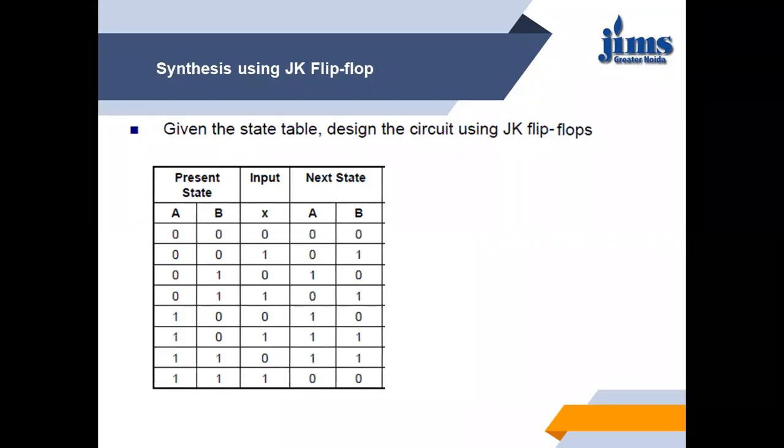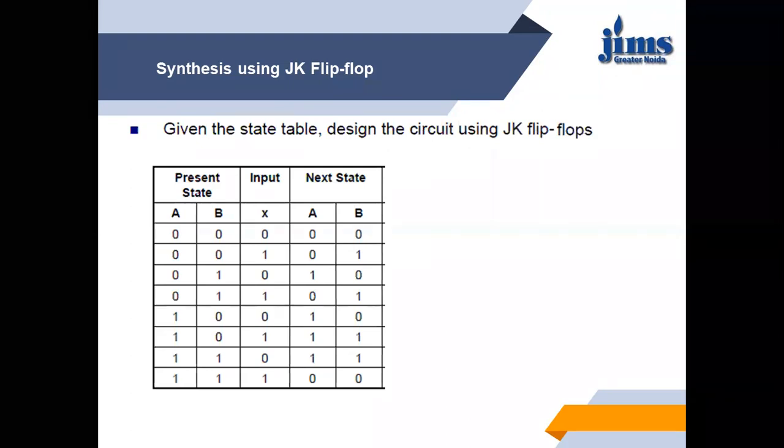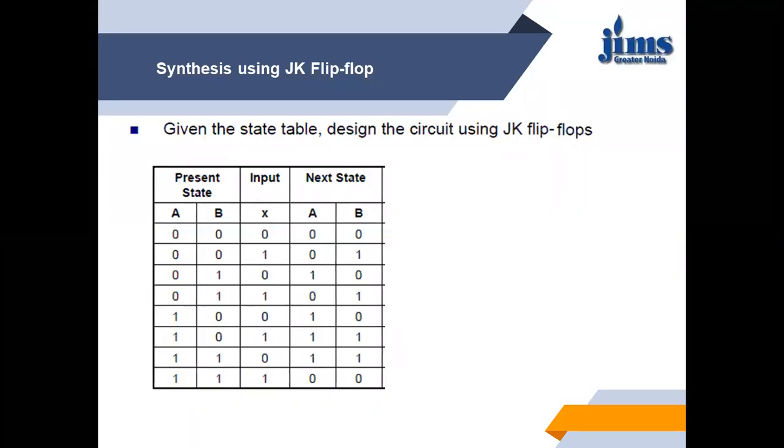This is your table. You are given the present state, next state, and the input combination. Present states are notated with A and B. Here the input is notated with X, and the next state is again A and B. As we have to design with the JK flip-flop, and we are given the present state and the next state, we look at the present state of A and B. As there are only two states, 2 bits are required to represent the states.